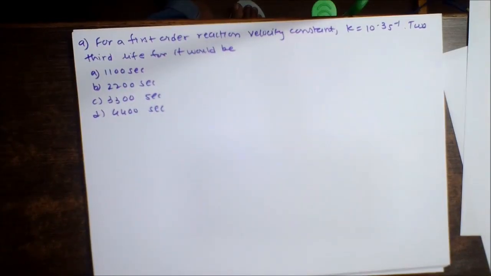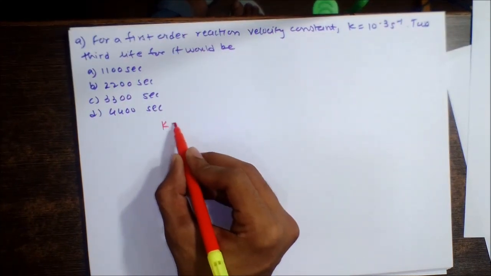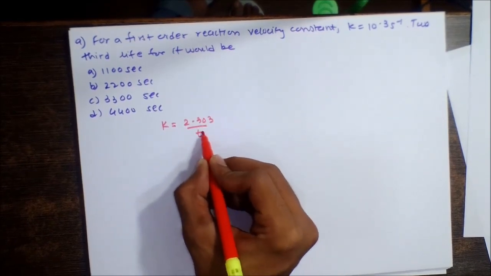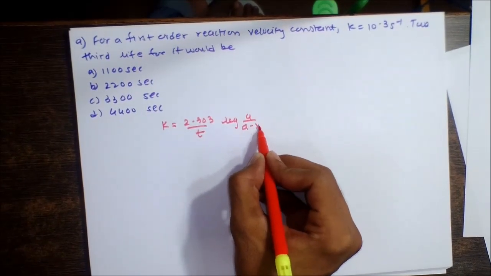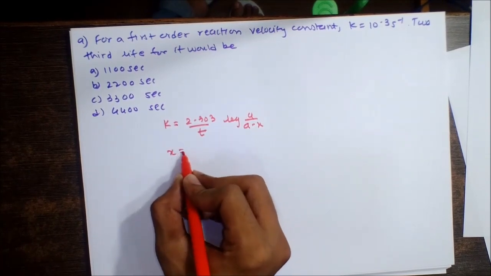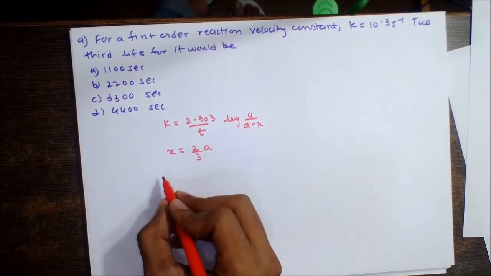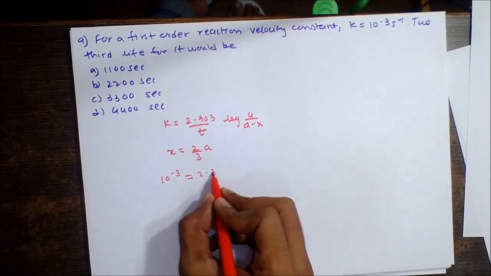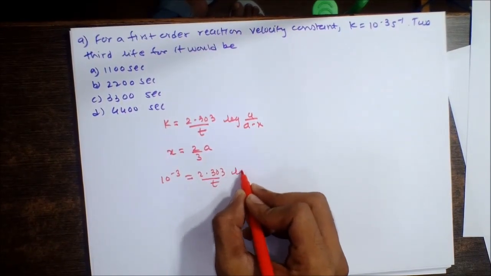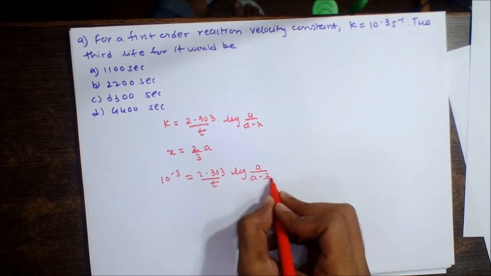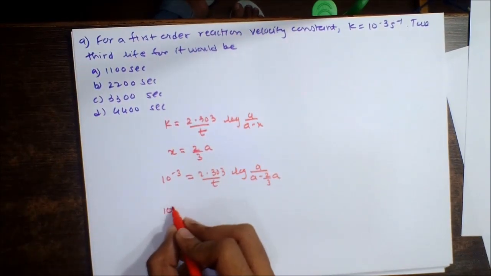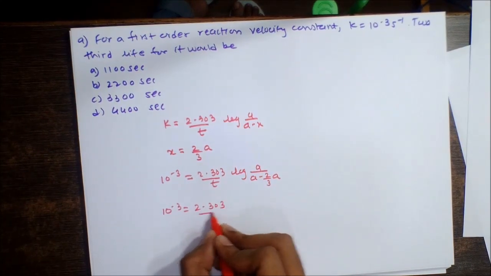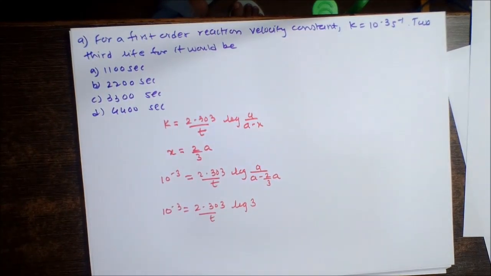Question 9. For a first order reaction, velocity constant K equals 10 raised to minus 3 per second. 2/3 life for it would be. For a first order reaction, I know K equals 2.303 upon T log of A upon A minus X. In this case, X equals 2/3 of A. Therefore, 10 raised to minus 3 equals 2.303 upon T log A upon A minus 2/3 of A, so 10 raised to minus 3 equals 2.303 upon T log of 3.